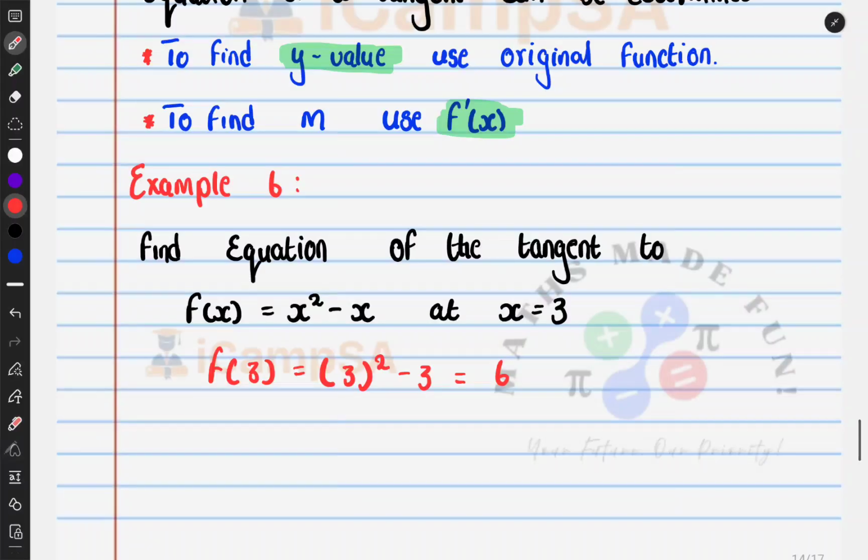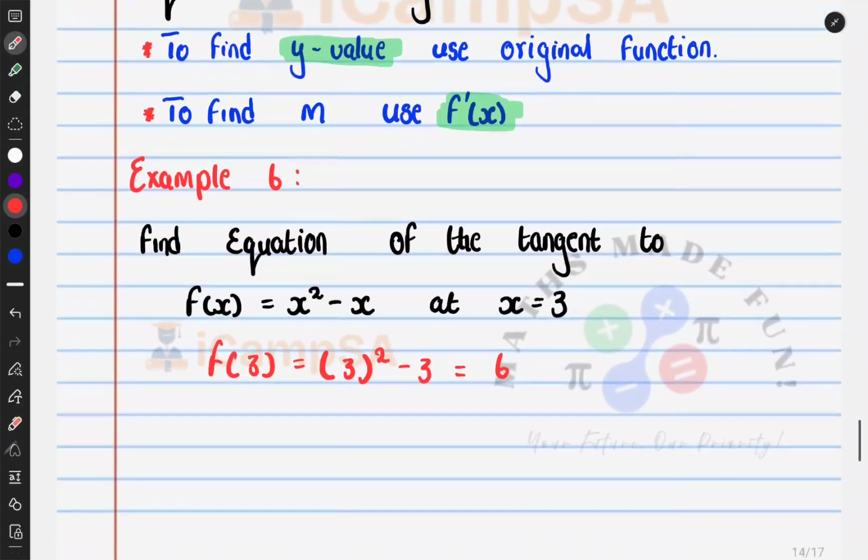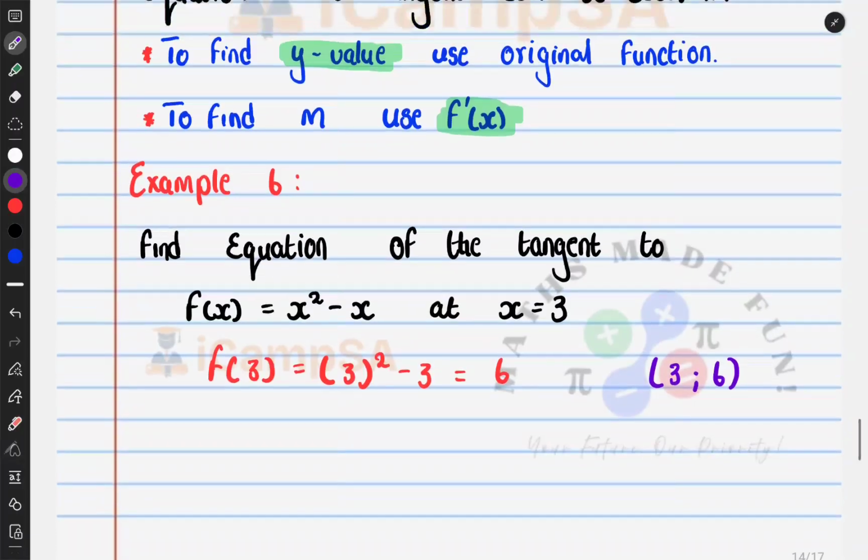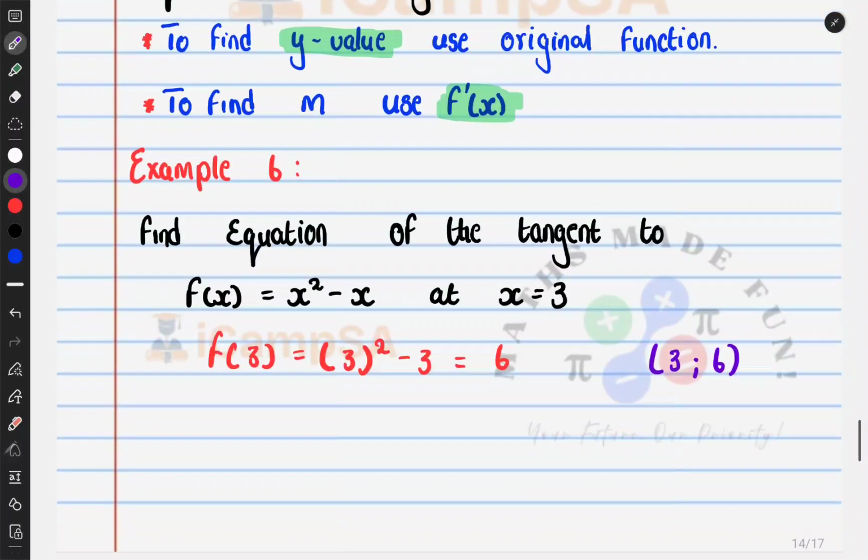And then let's find the gradient. We now have the point on the curve, which is (3, 6). The x value is 3 and the y value is 6, that is x1 and y1. Next let's find the derivative of this function. So f prime of x, the first derivative, is equal to 2x minus 1.